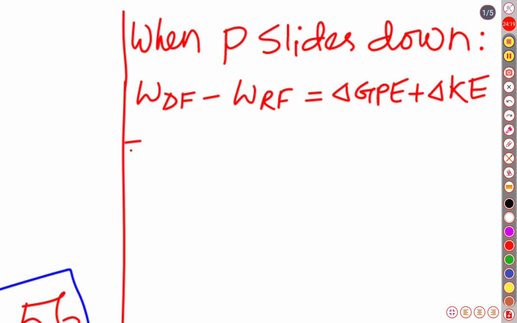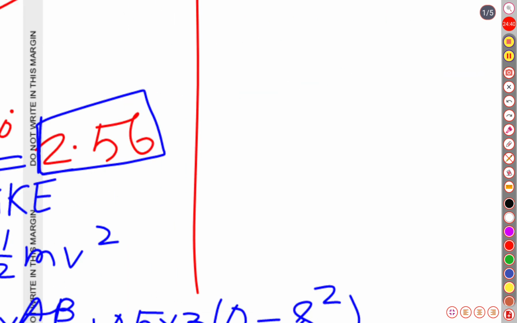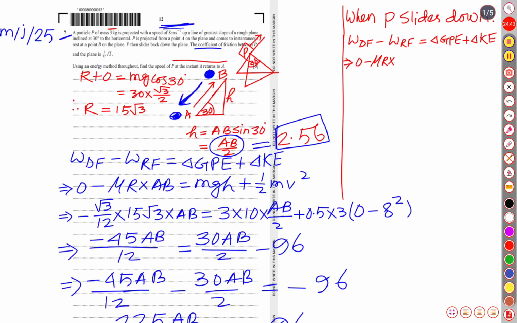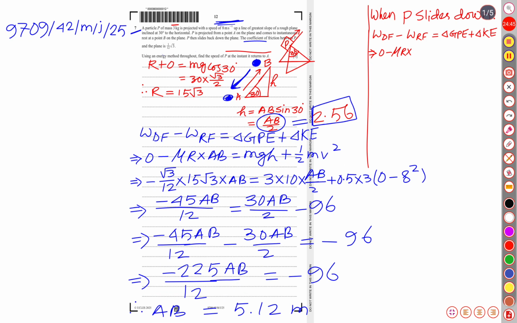Again there is no driving force because the particle was sliding down by itself. So work done by driving force is 0, minus work done by resistance to motion, which is simply frictional force into displacement. Displacement was AB.